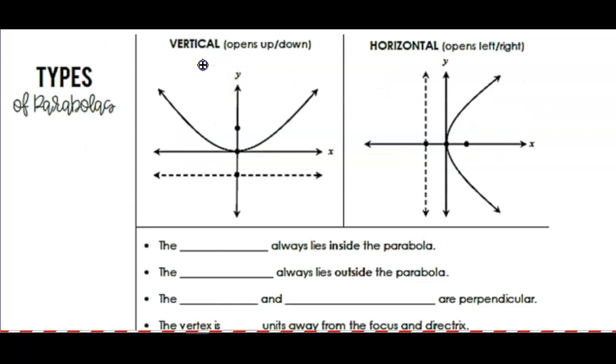Alright, so a vertical parabola opening up and down has an x squared, just like it always did. Okay? This is the focus. This is the directrix.